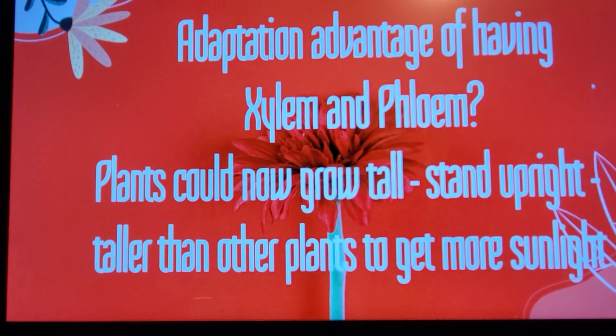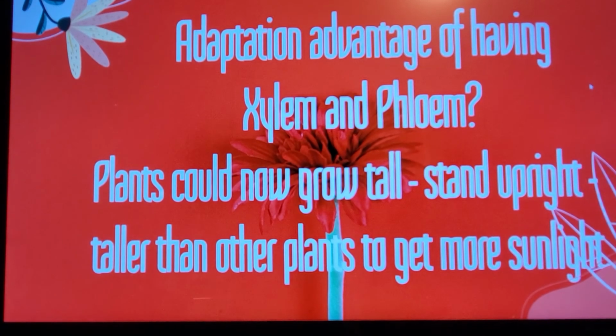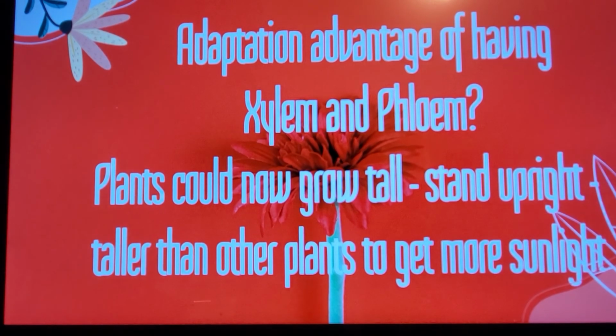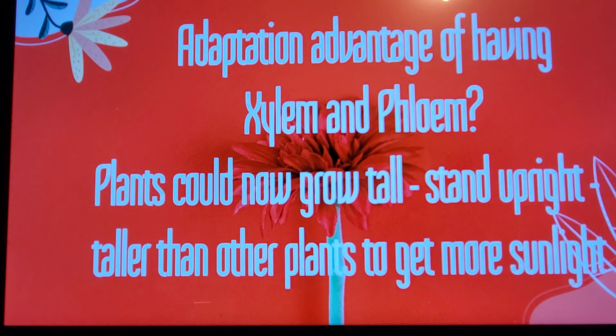So the adaptation advantage of having xylem and phloem is so plants could start to grow tall, to stand upright, to be taller than other plants, so then they can get sunlight over other plants. Okay, this is why xylem and phloem was a great adaptation.